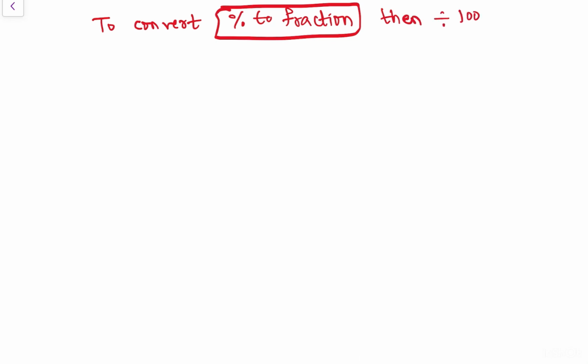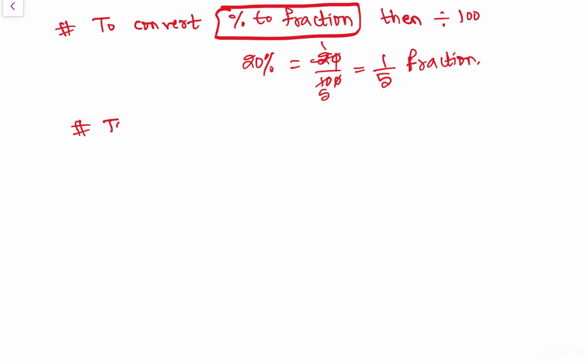Like say 20% is equal to 20 by 100, that is 1 by 5. So this is a fraction. ठीक है, ये हो गया converting percentage to fraction.